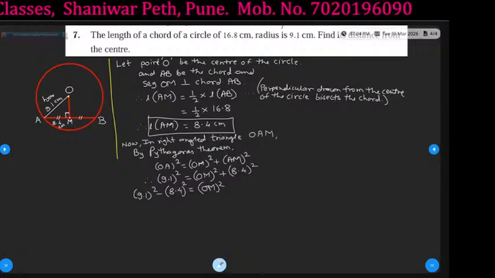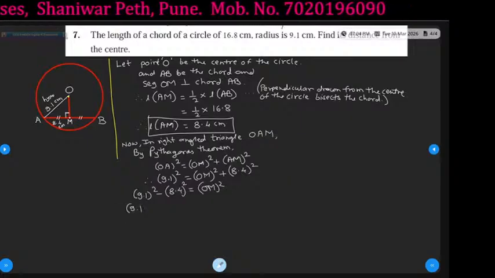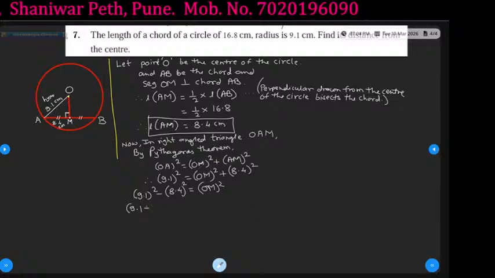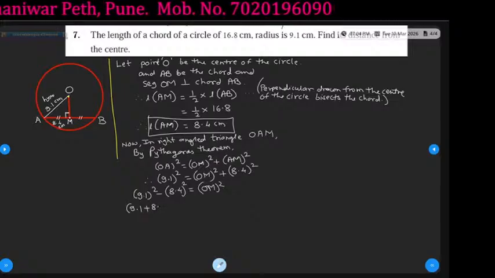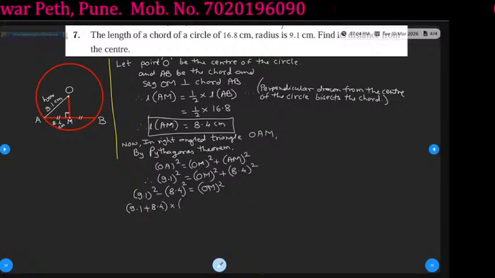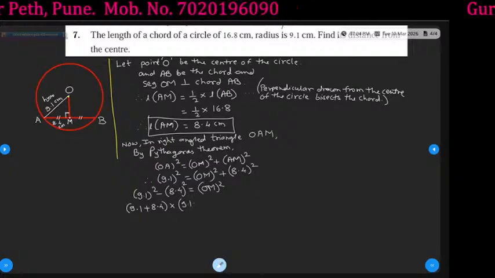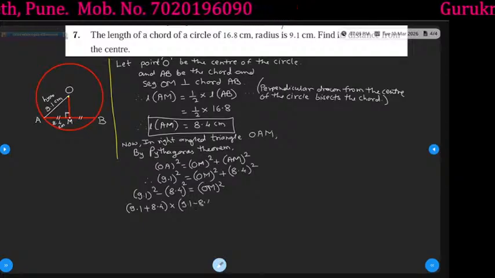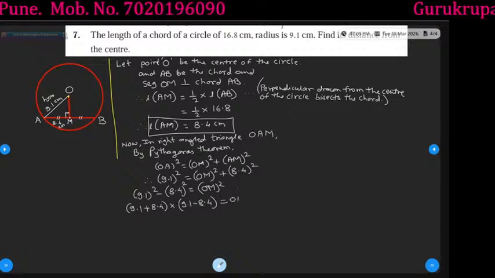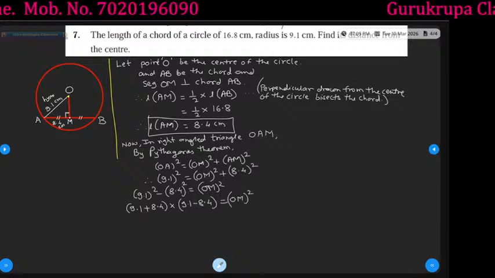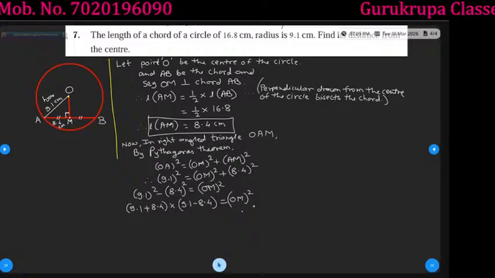So by the expansion formula, A plus B into A minus B is equal to OM square.